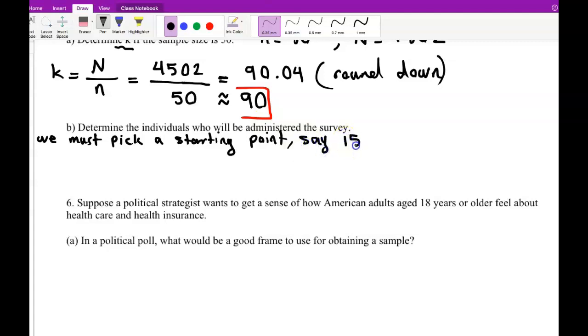Say 15. So this is our P, the starting point. Then we survey. Okay, starting point at 15.